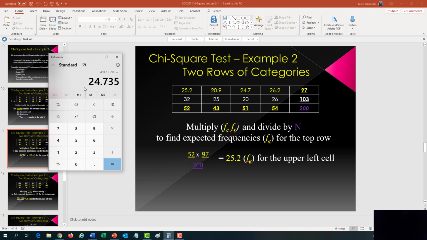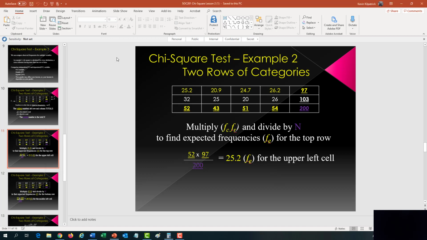And it's going to give me 24.735. And I just round that down to 24.7. Okay? The concept is confusing. The math is not. This is simple stuff that you go step by step, calculate each expected frequency.